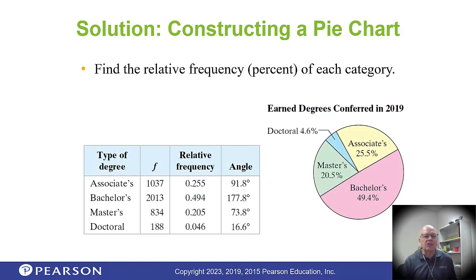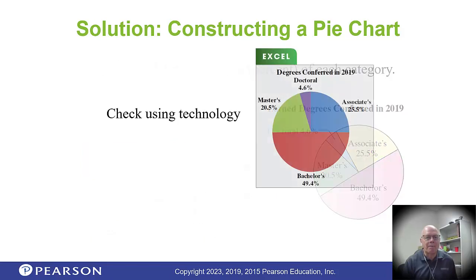So here's our pie chart. Looks pretty nice. Now, to be honest, you are unlikely to do this manually very often. Most likely you'll use Excel or some statistical program. Check that using the technology.